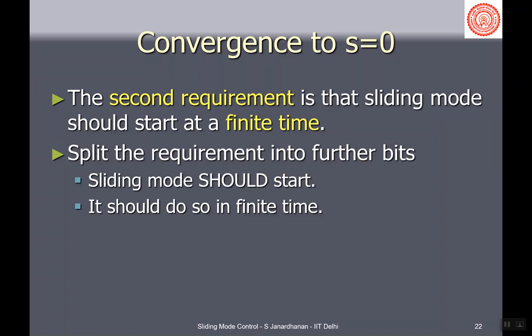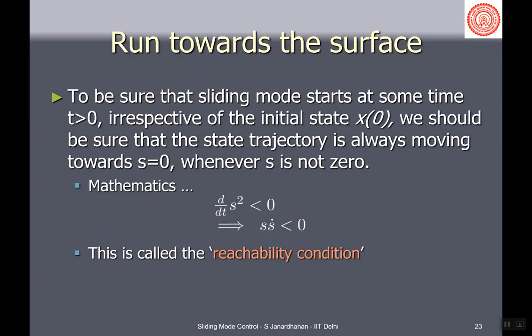So let's split this requirement a bit further. The sliding mode should start, and it should start in finite time. So what do you mean by the sliding mode should start? Which would mean that if S is greater than 0, it should decrease, and if S is less than 0, it should increase.